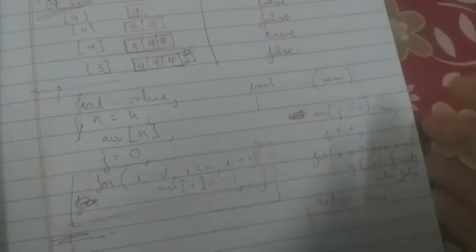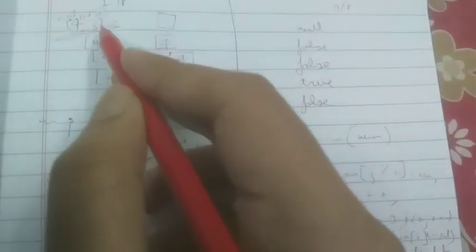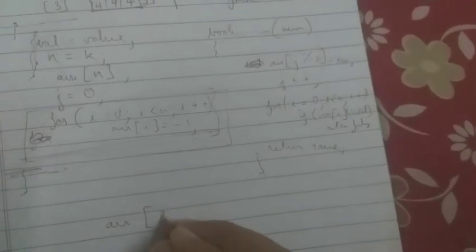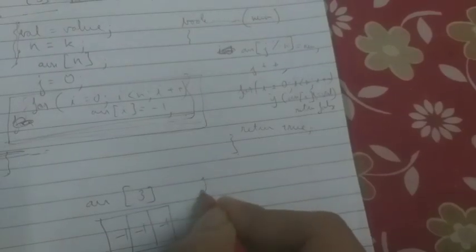So this is basically the constructor function, and this is the boolean function. Let me tell you what we are doing here. Since we need to access the last k elements, we are making an array of size k, that is 3 in this case. We initialize all the elements as -1 -1 -1, and j is equal to 0.